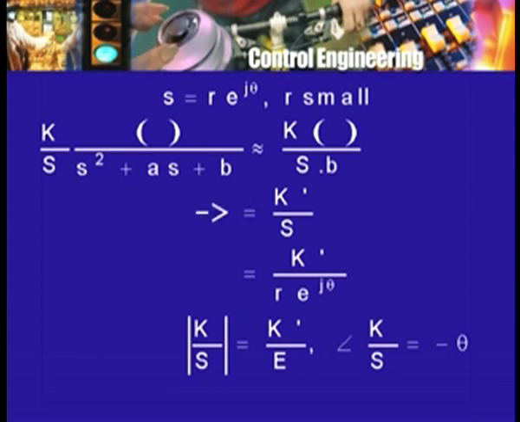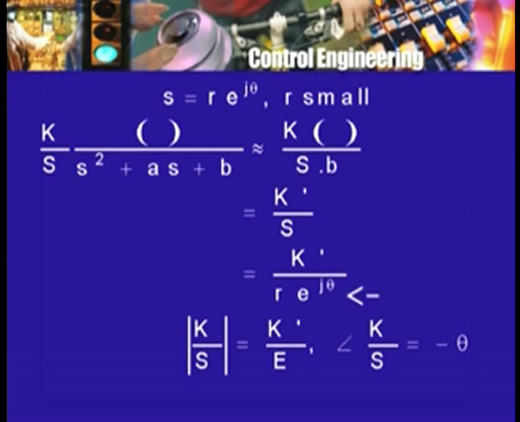So, this whole thing looks approximately like, say, another constant k dash divided by s. Now, I substitute for s: k dash divided by r e raised to j theta. Now, if I look at the modulus of this, the modulus is given by k dash divided by r. So, when r is small, the modulus is going to be large.